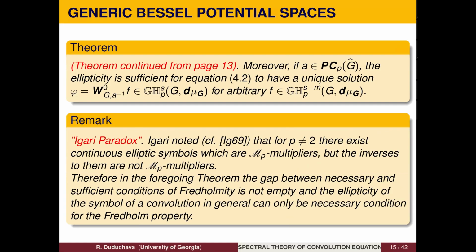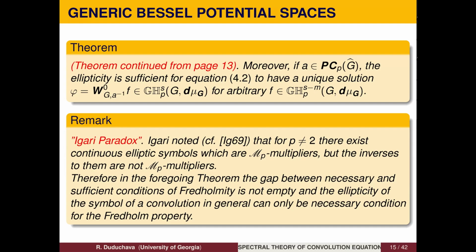We continue the theorem. Moreover, if A belongs to PCP, that's where you see why PCP is important for us, the ellipticity is a sufficient condition also for the invertibility of the operator. So we have a necessary and sufficient condition for functions which are in the PCP class.